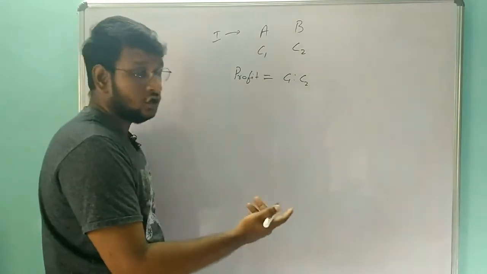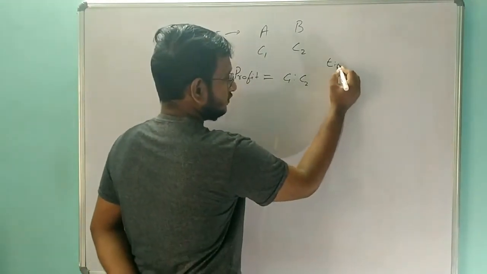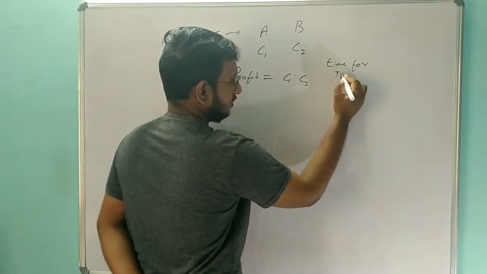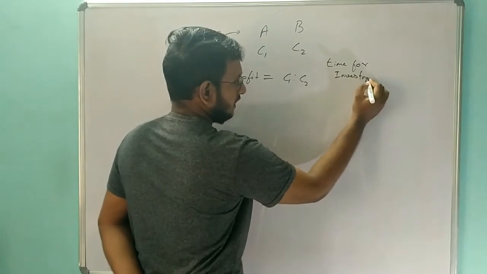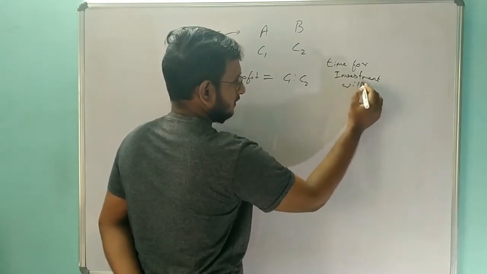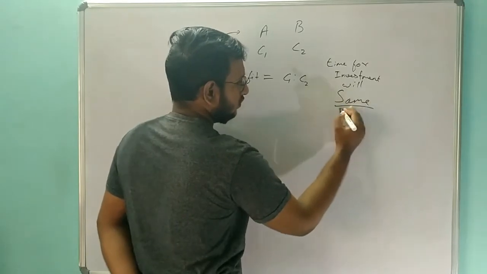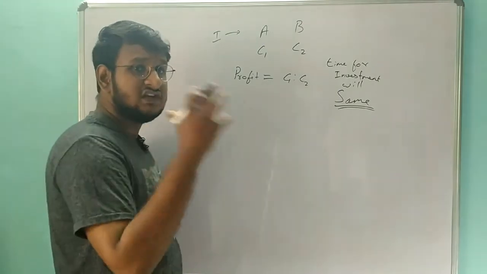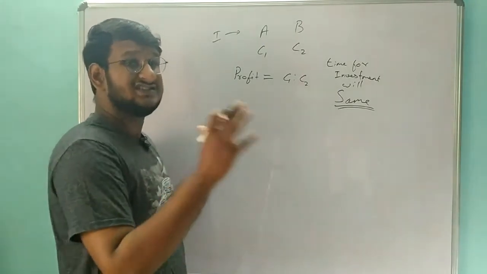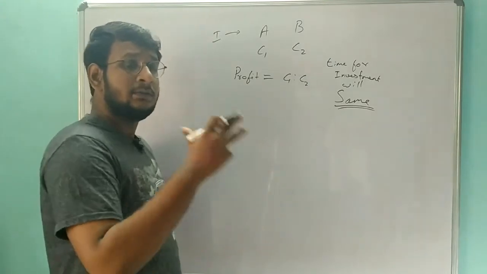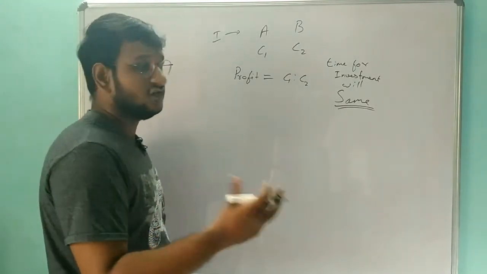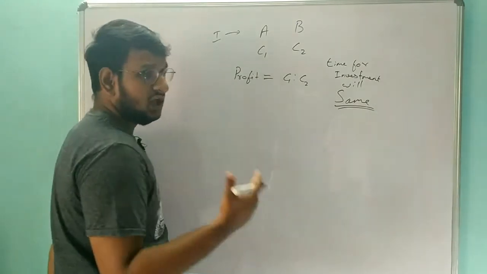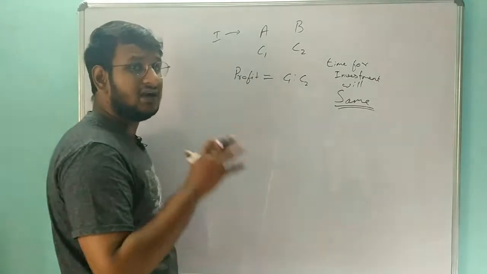In this scenario, the time period of investment will be the same. Both the partners A and B will invest different amounts for the same period, say 2 years, 3 years, whatever it may be, but the time period of investment for both investors, A and B, will be the same.